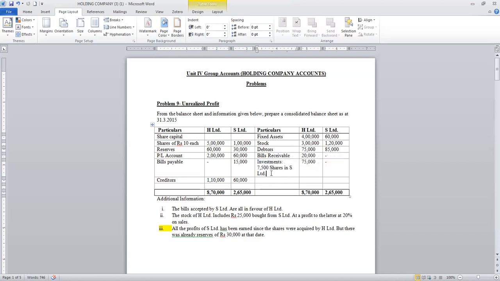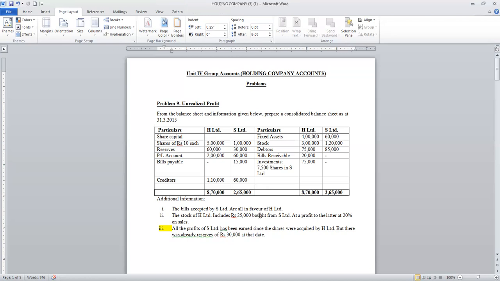S Limited has 1 lakh divided by 10, that is 10,000 shares. Out of these, 7,500 shares are held by H Limited, which means it holds 75%. That's why H Limited is the holding company of S Limited.